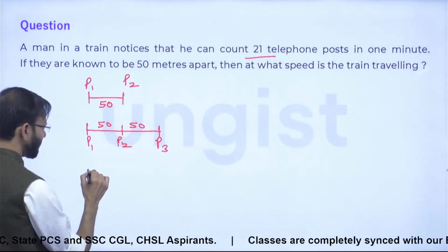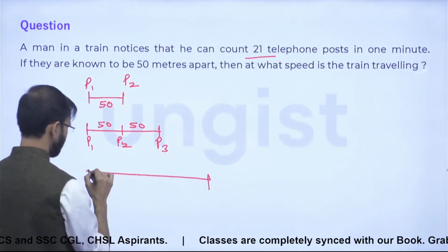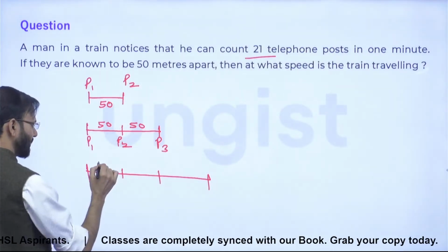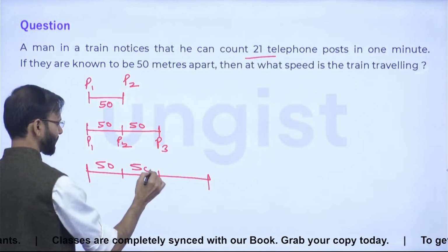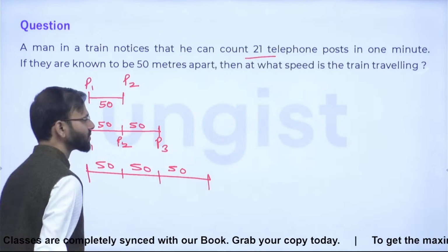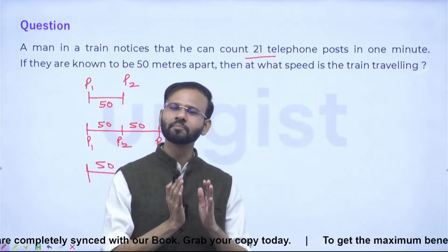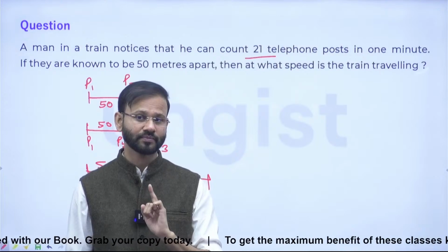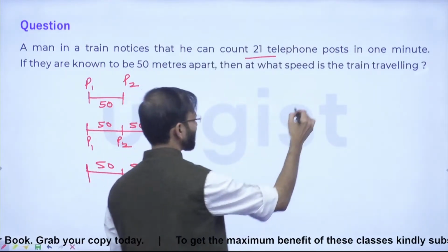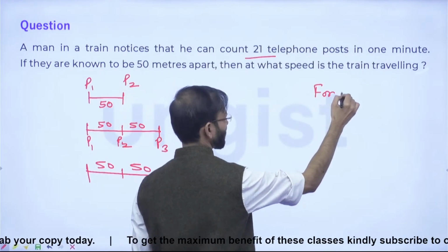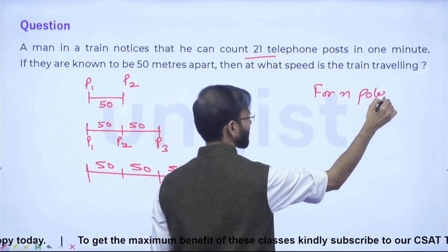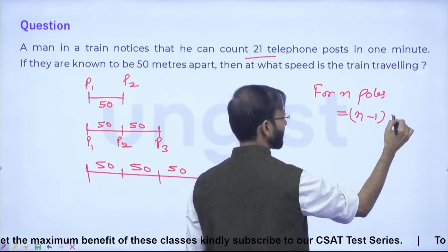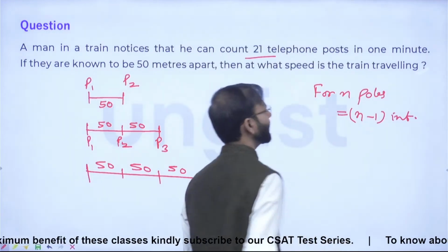If there are 4 poles, then what is the distance between them? Yes, there are 3 intervals. Correct, guys? So what I'm trying to tell you is, for n poles, we have n minus 1 intervals. Everybody clear?